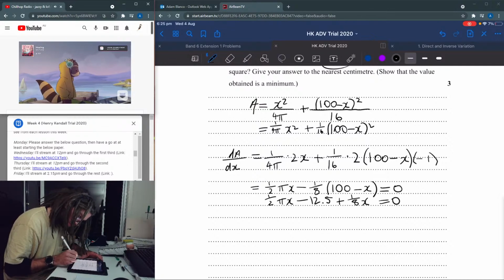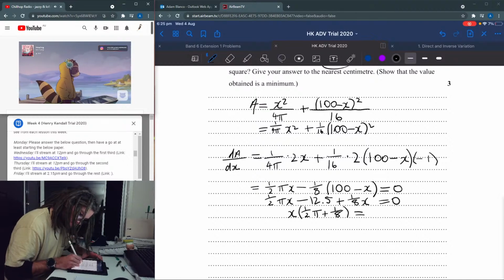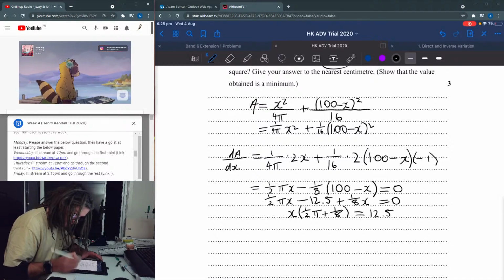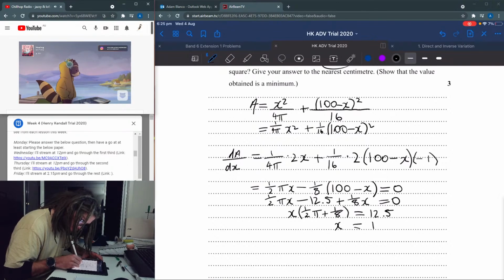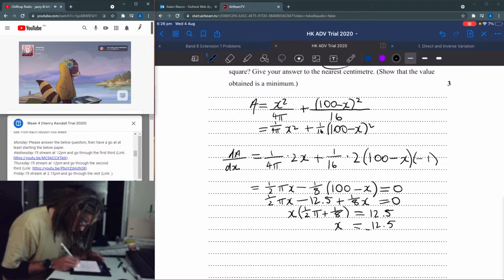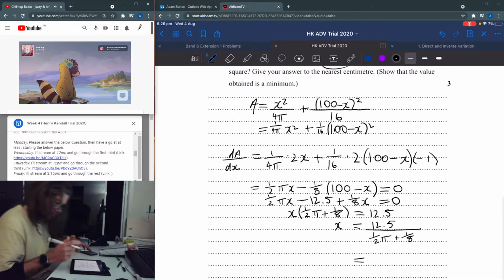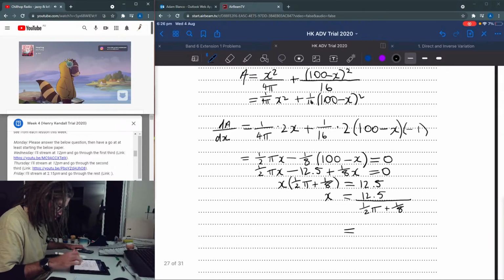Let's move the 12.5 over and I'll factorize the x out. So x outside of 1/2 pi plus 1 on 8 equals 12.5. x equals 12.5 on 1/2 pi plus 1 on 8. Which equals, I want it in terms of pi.